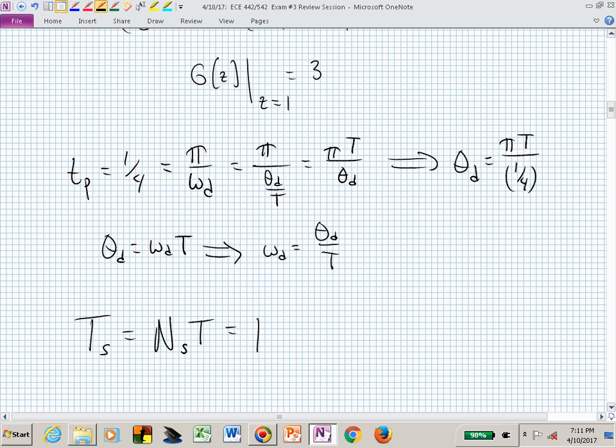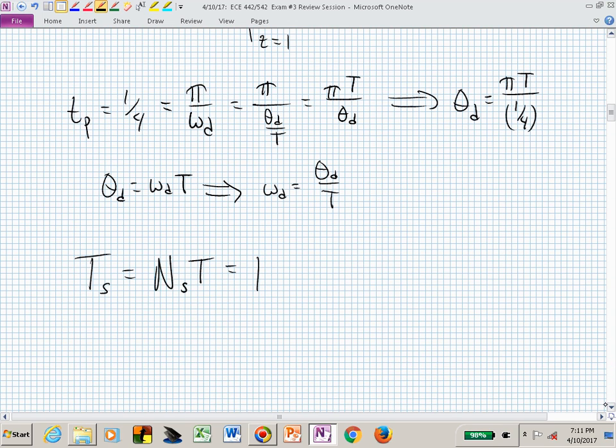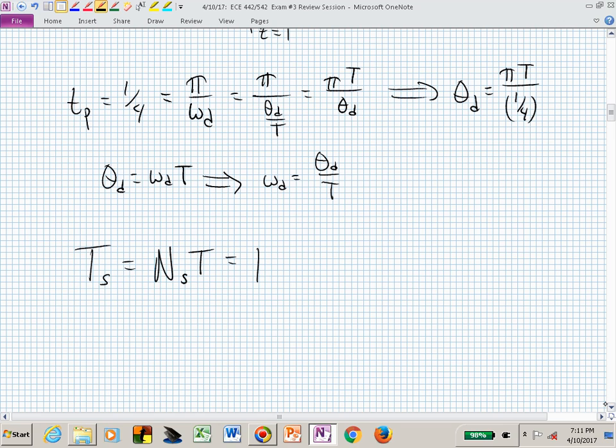Somebody would have to tell us what capital T is in order to now solve for R. If somebody gives us capital T, we could solve for n sub s. Once we know n sub s, we can now solve for R.